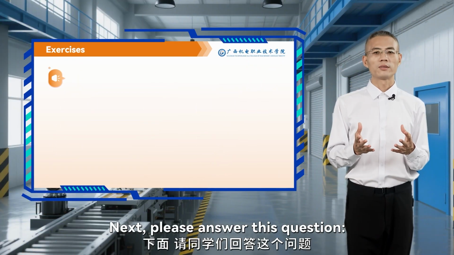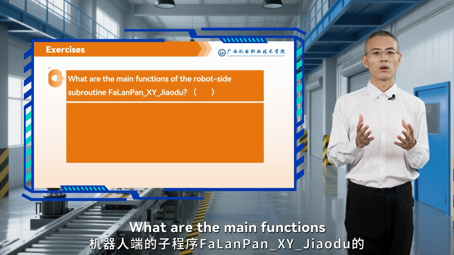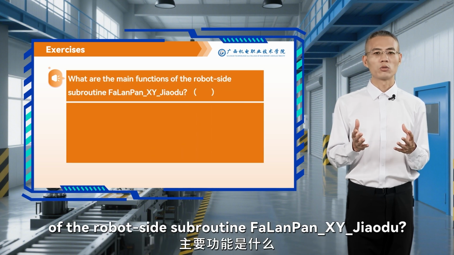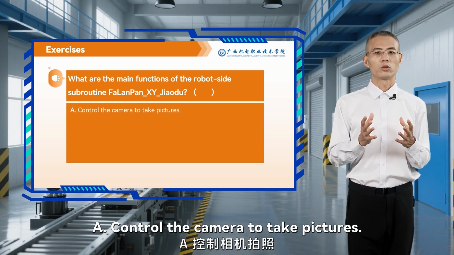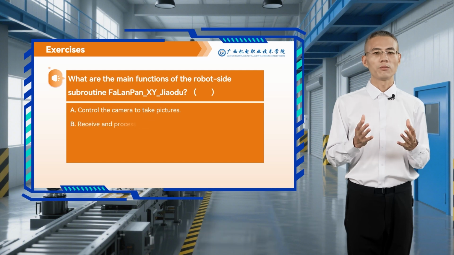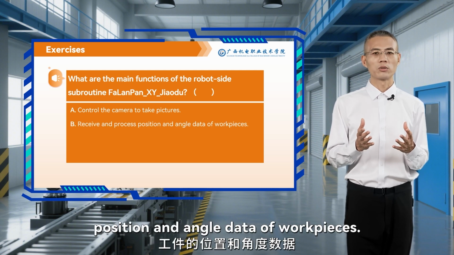Next, please answer this question. What are the main functions of the robot side subroutine 法兰判 XY 角度? A. Control the camera to take pictures. B. Receive and process position and angle data of workpieces.